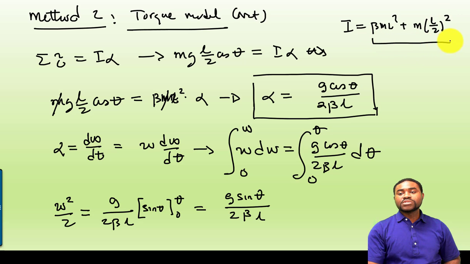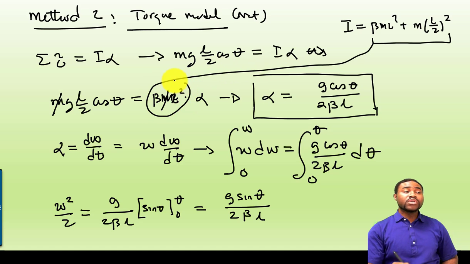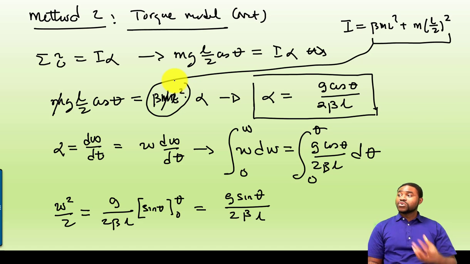So all you've got to do is replace this here and redo the work, and you'll get the same answer. This is a common mistake that you will make if you are not careful.